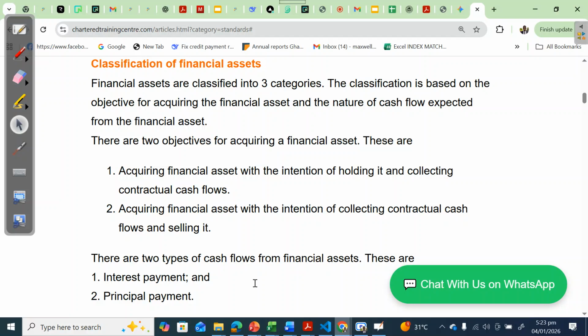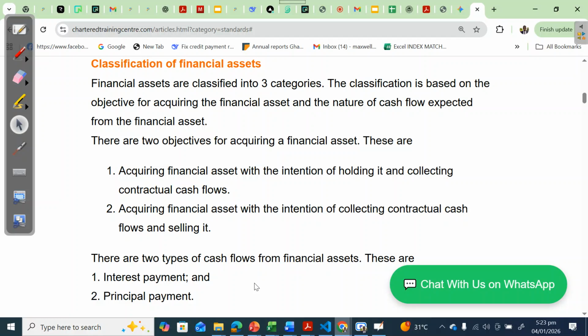And then also, you can acquire financial assets with the intention of collecting contractual cash flow and also selling it. So if you buy shares, you expect to receive dividends from the shares.